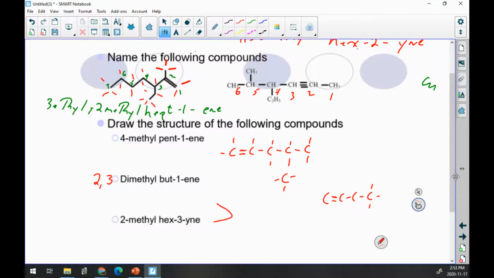So I have one carbon branch off the second, one carbon branch off the third. Need another hydrogen there. Need 2 more hydrogens there. Because again, I always have to have 4 bonds off each carbon.